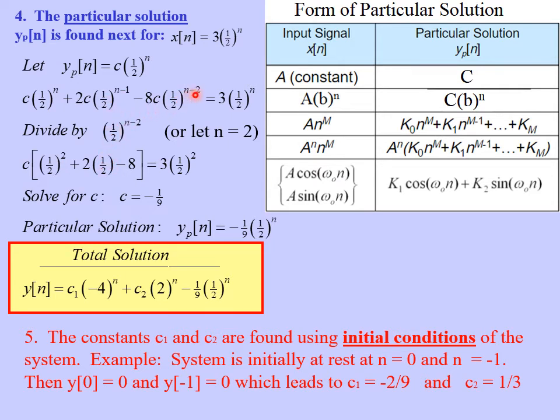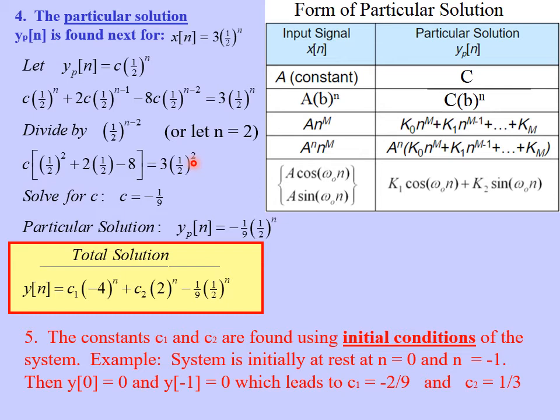And then 1/2 to the 2 minus 2, that's 1/2 to the 0, that's just a 1. I factored out c, since all terms have a c. Inside the brackets, we have 1/2 squared plus 2 times 1/2 minus 8, and that has to be equal to 3 times 1/2. Remember, n is equal to 2 here.